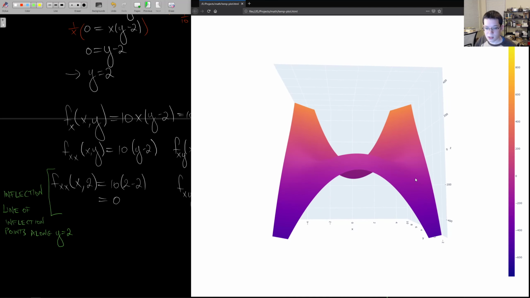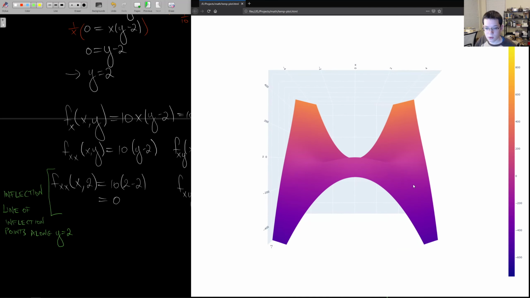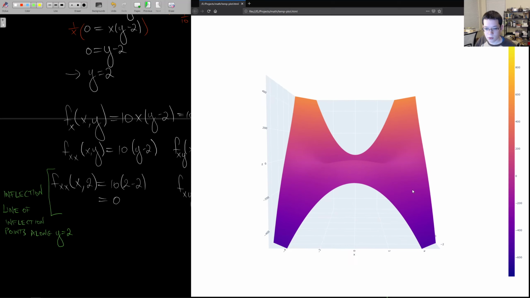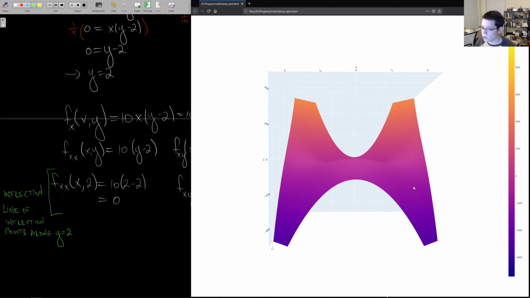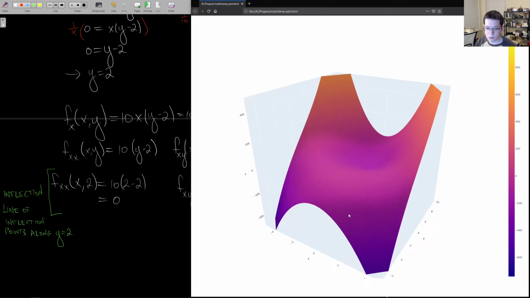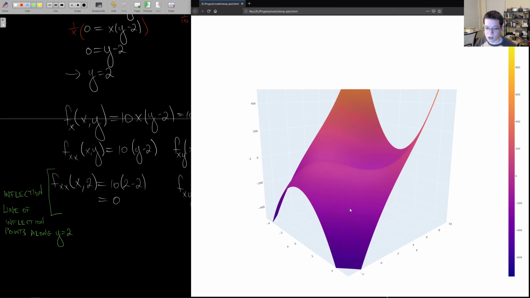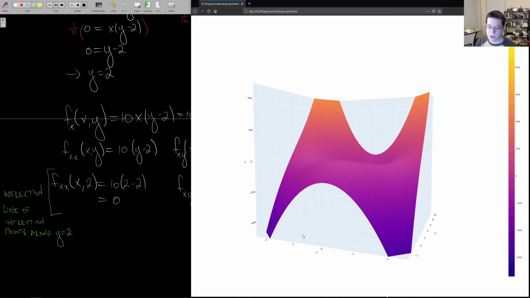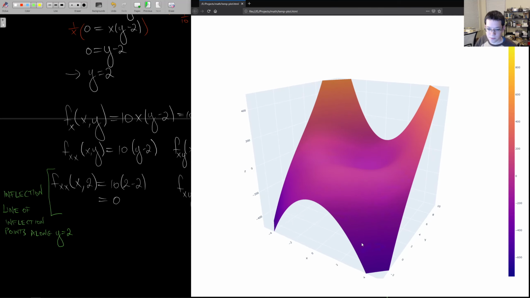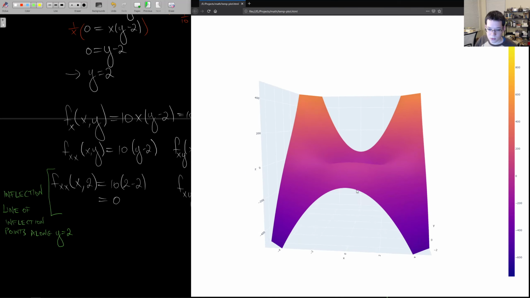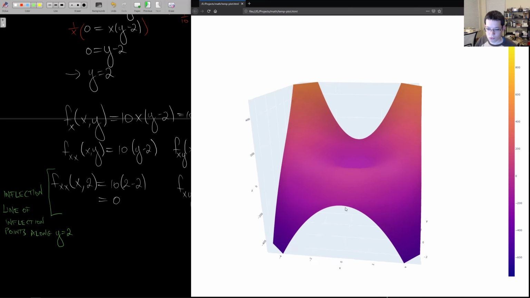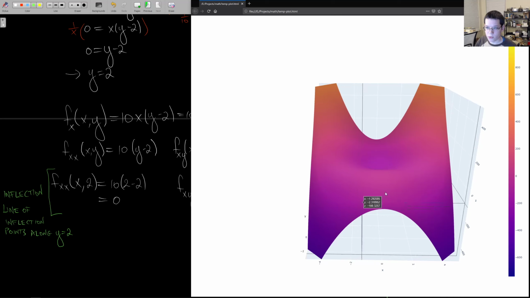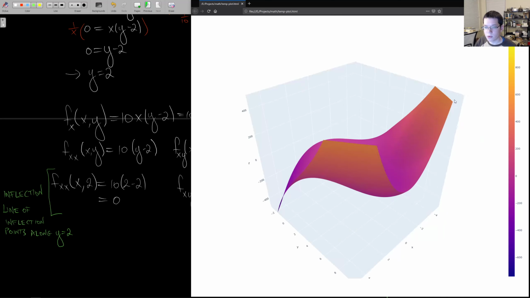So along x equal to 0, it's not a transition point or an inflection point, which is weird. But it is the line that contains all of the local maximums, no matter how you slice it. Oh, that's weird. Go back to the home view.